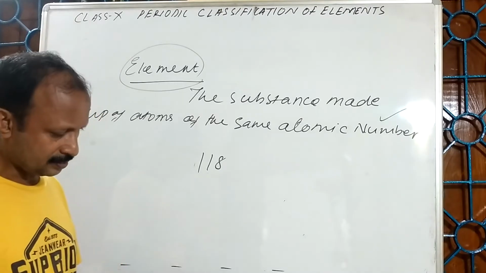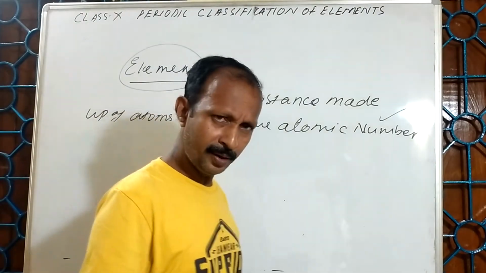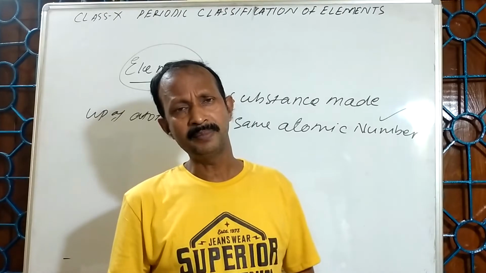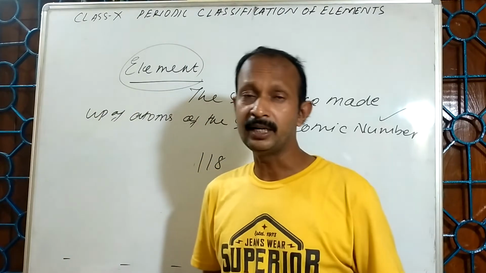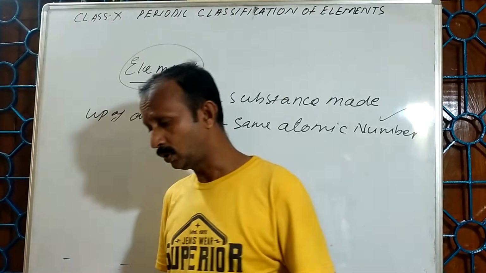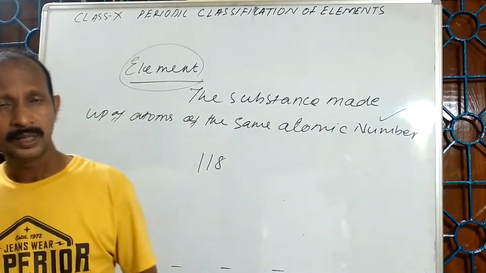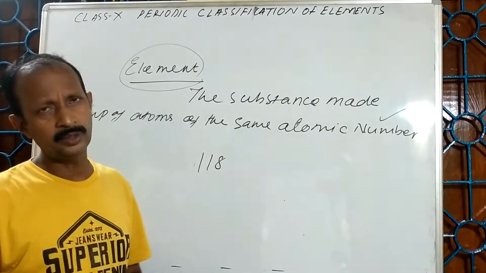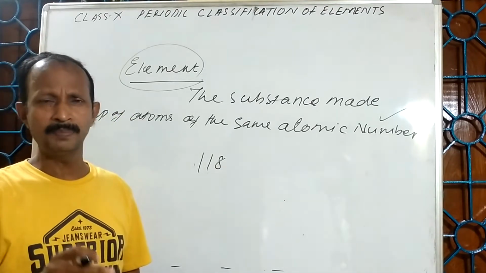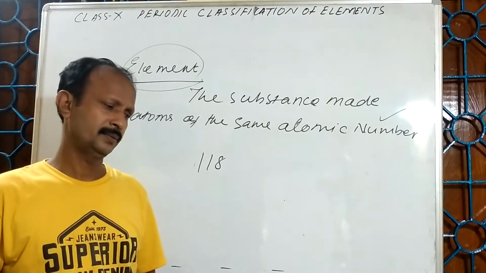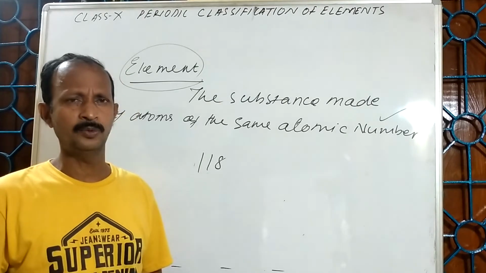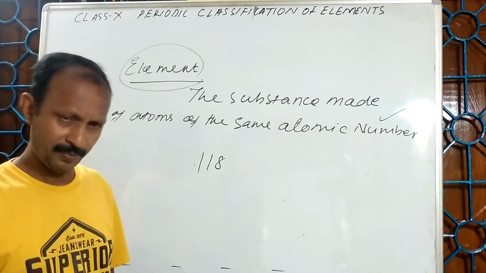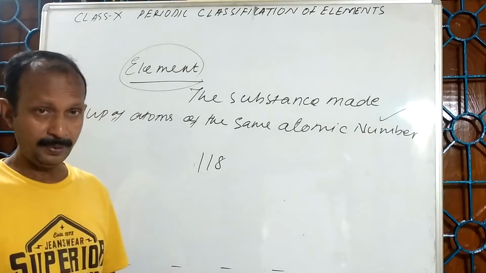For that purpose, different scientists tried in different manners to classify the elements. So in this connection, here I am going to discuss some of the attempts, or you can say some extent successful attempts, made by different scientists from time to time to classify the elements.